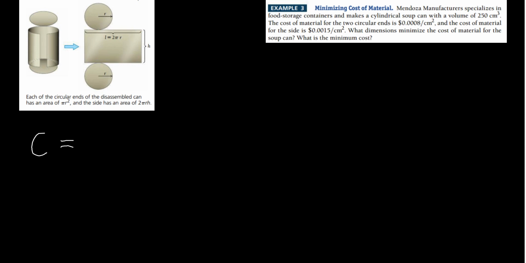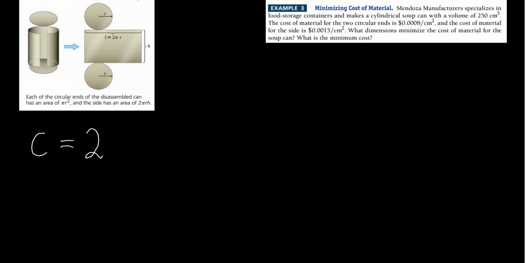First of all, we're going to end up buying two of these end caps, so that's going to cost 2 times what we were told they cost, which is 0.0008 cents.